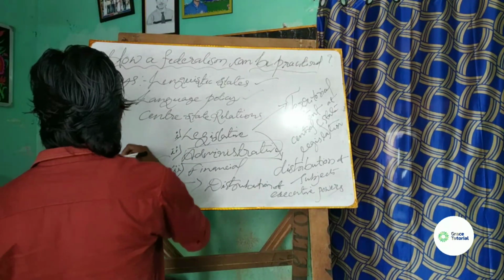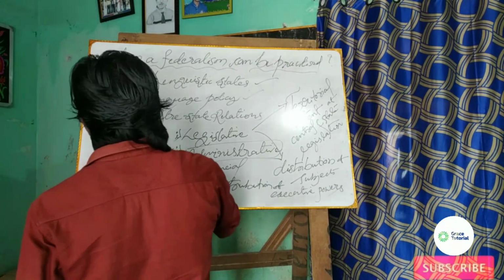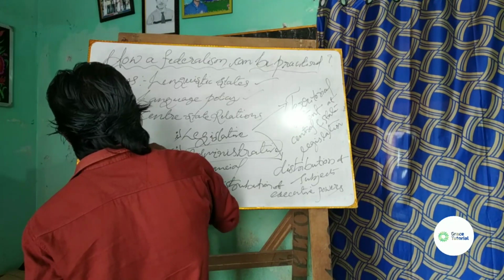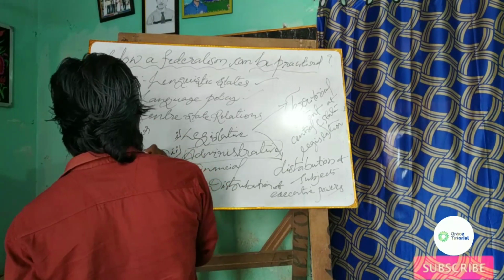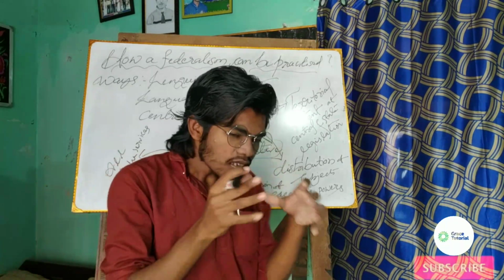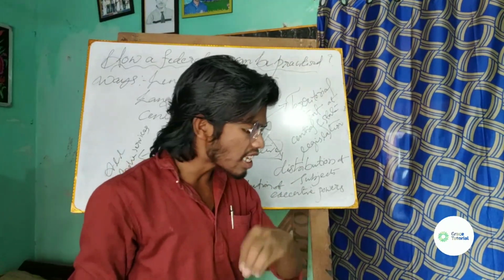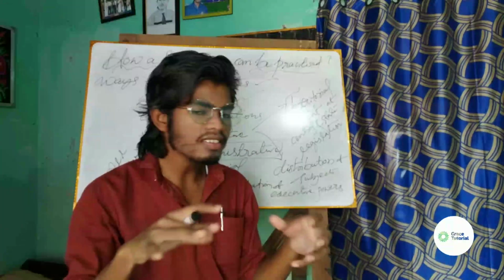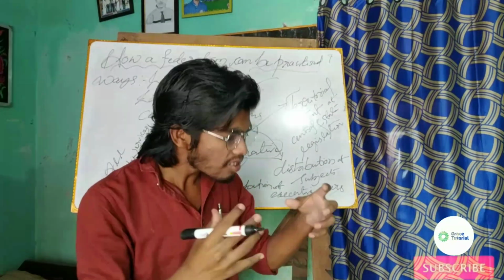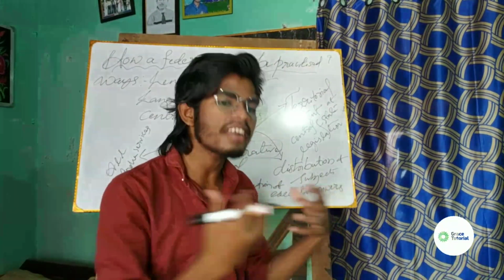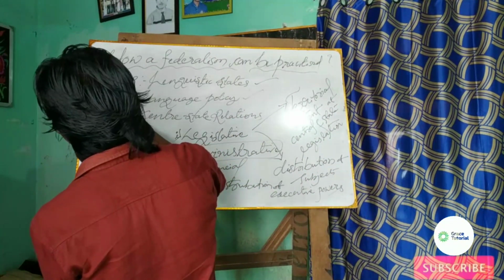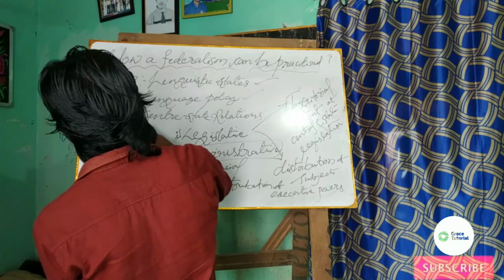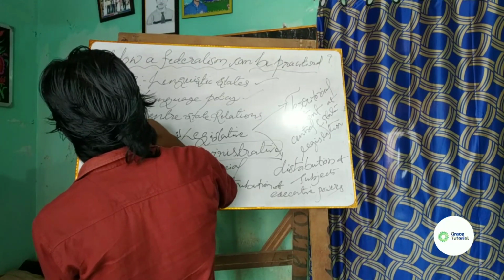Well, all India services. Yes. There are some services in the central government and some services in the state government. But there are some services which are common to both the center as well as the states. Those are the Indian Administrative Service, Indian Police Service, and Indian Forest Service.